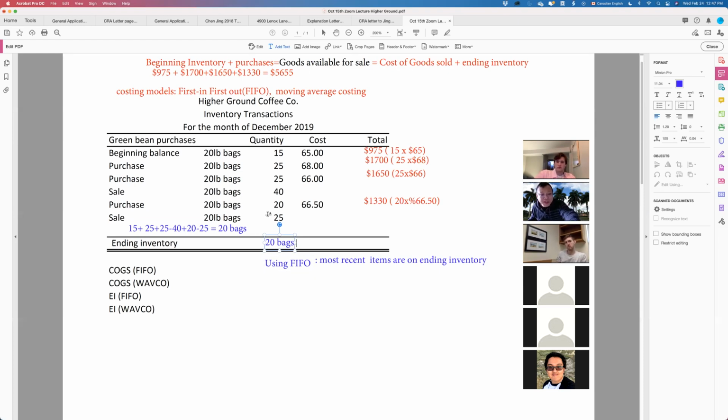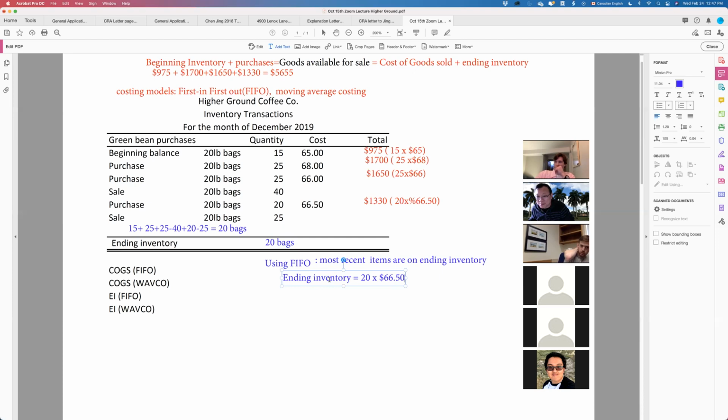So how many did you purchase in the third purchase? 20 bags. So under FIFO, you assume all 20 bags from the last purchase stay in the ending inventory. So what's the balance of the ending inventory? You use 20 times which price? That's the price for the last purchase.